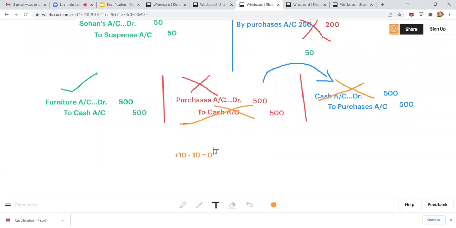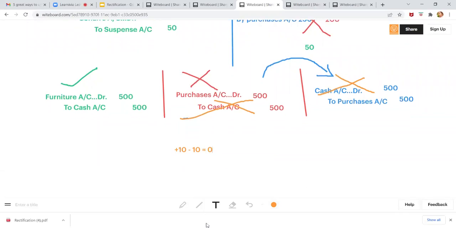And here purchases account will be credited and our correct entry, that is the rectifying entry, will be furniture account debit to purchases account credit, right? With the amount of rupees 500 here as well.